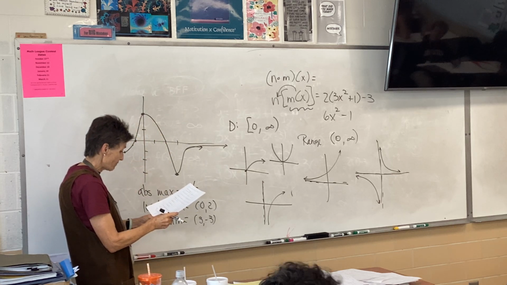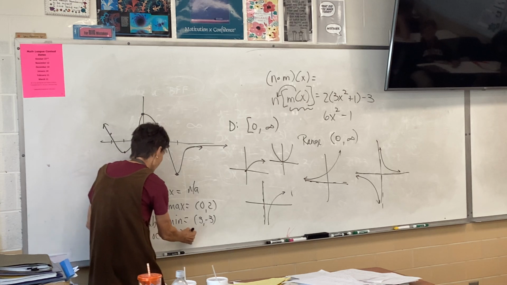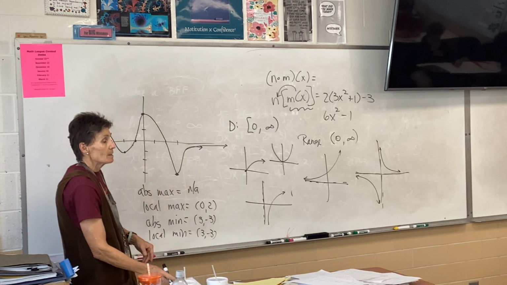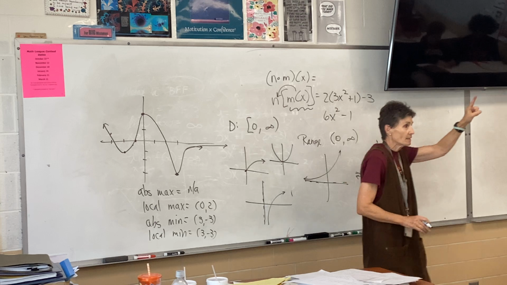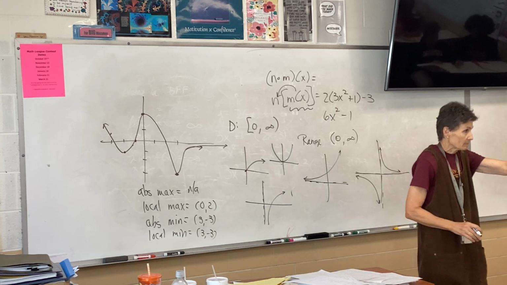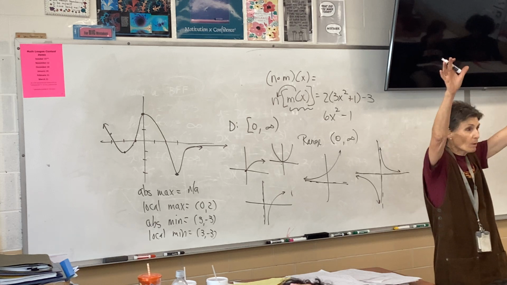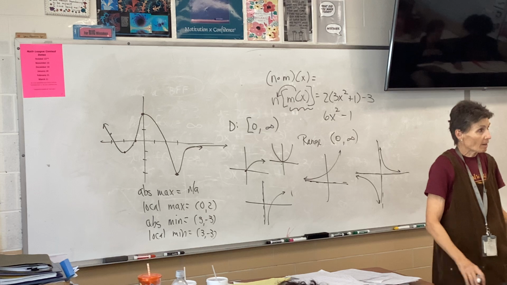And does it have a local minimum? Yes. Same thing. So, locals are tops of hills, bottoms of valleys. Okay? Absolutes are the highest point you got, the lowest point you got. All right?